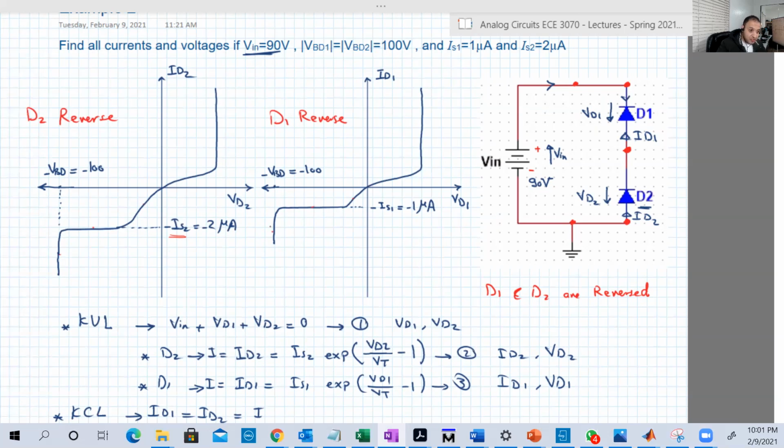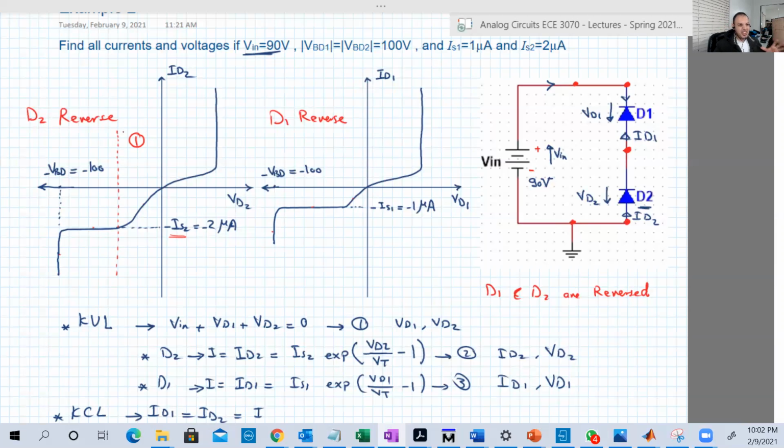In reverse, we have three possibilities. Let's talk about D2, because it has a much bigger range, but what I'm going to explain for D2 is also applicable for D1. D2 may be working in region 1, in which the magnitude of VD and VT are comparable.